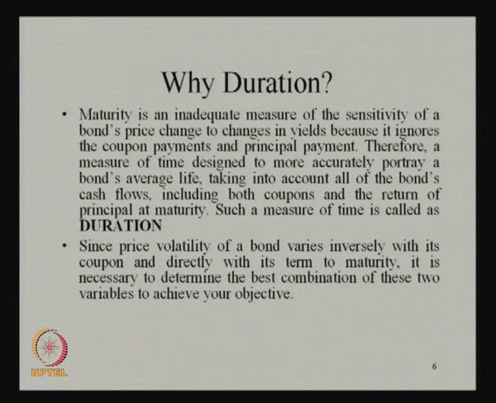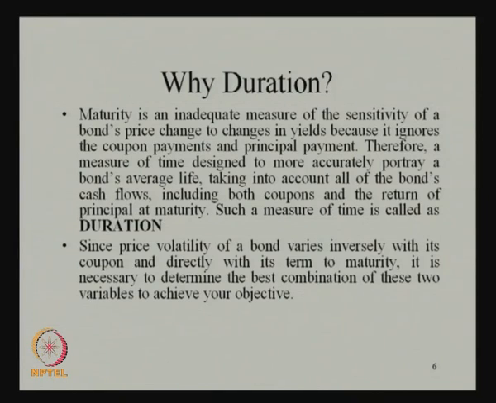So, if you ask why duration: duration is used because maturity is an inadequate measure of the sensitivity of a bond's price change to changes in yields, because it ignores the coupon payments and principal payments.